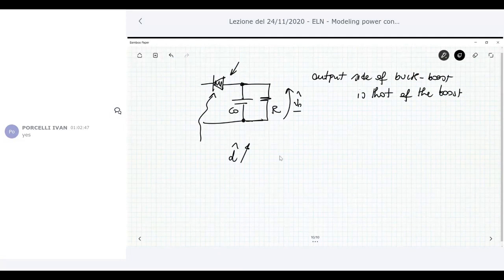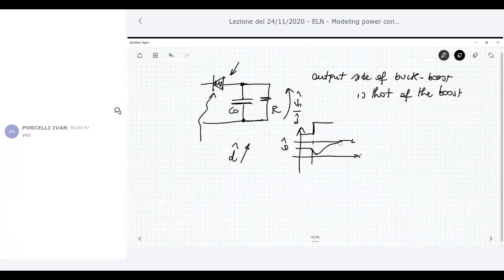So there is a time interval, larger than before, in which the output capacitor C naught has to hold the output voltage. So if this time interval is large, then V naught, instead of rising at the initial time instant, is decreasing. So if you look at the output voltage V naught, if the duty cycle rises, V naught has a variation which is negative, and then it increases. Okay, and this behavior is typical of a right half plane zero.